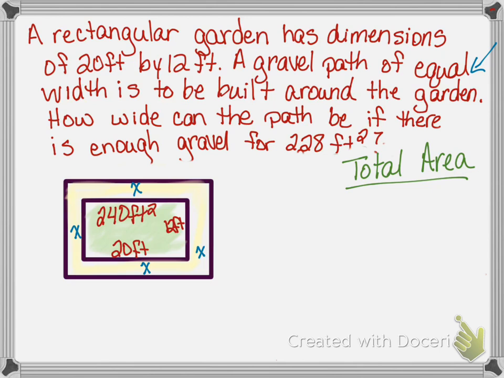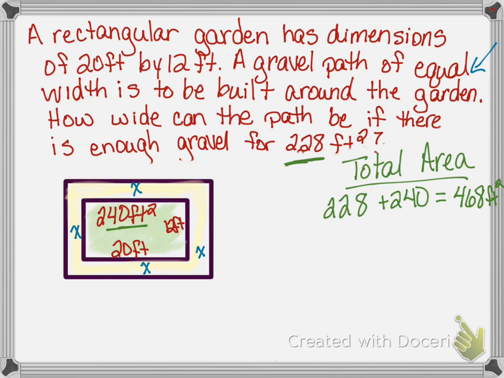So what two things do I add together? Good. 228, because that's the area of my path, and the 240, which is the area of my garden. So 228 plus 240 is the area of my large rectangle, I'm sorry, not triangle. So 468 feet squared is the area of my larger rectangle.